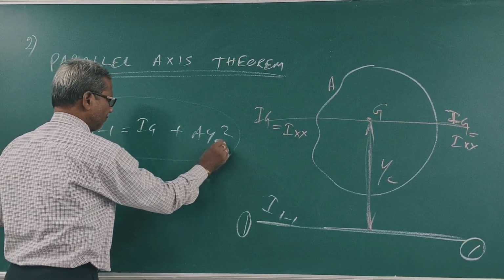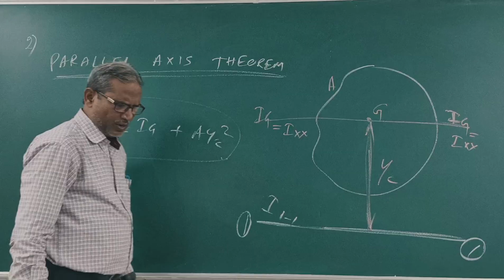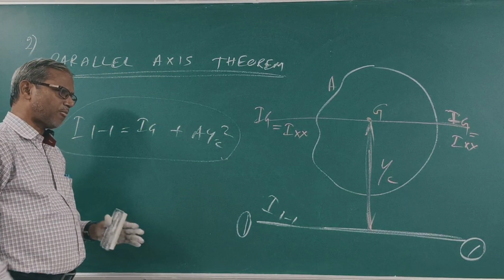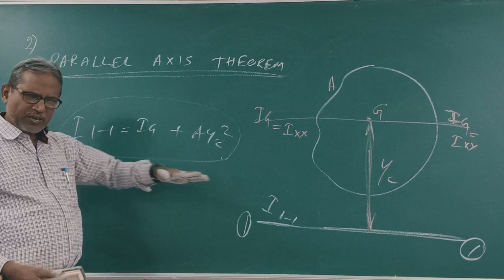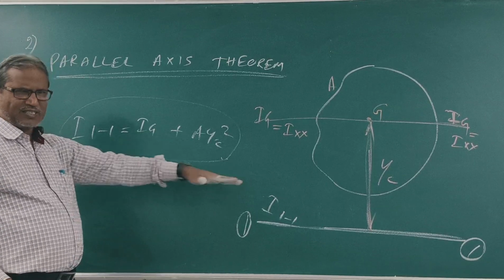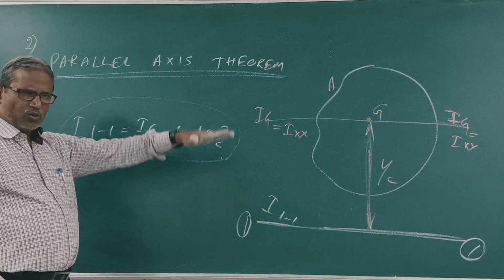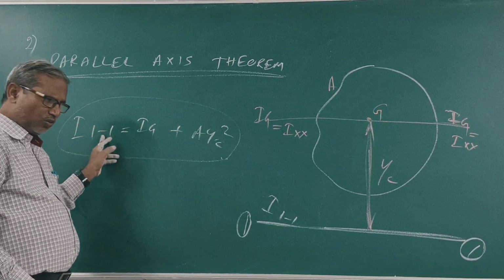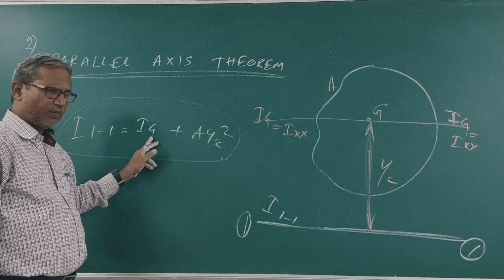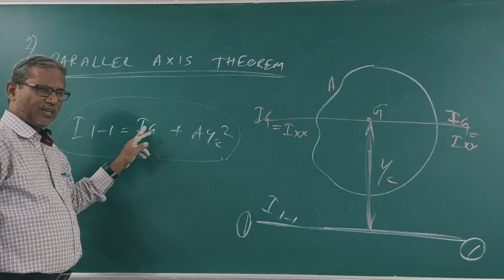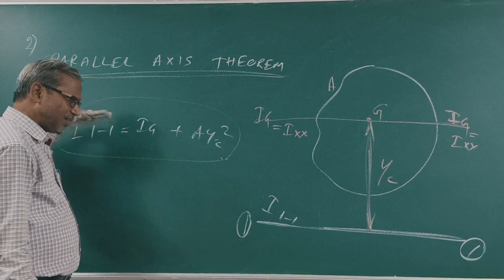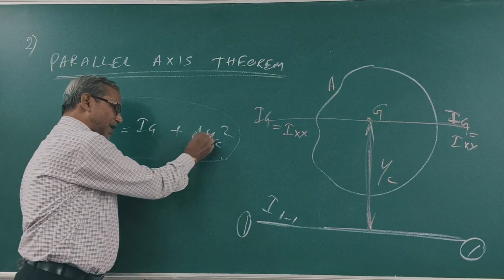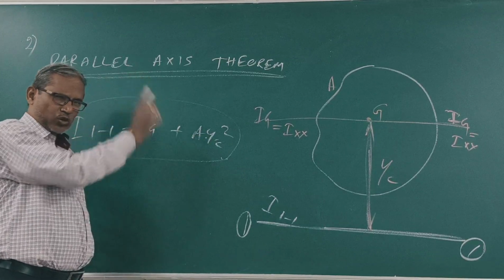I will explain this. How to explain this? The moment of inertia about any axis parallel to the central axis is equal to the sum of the moment of inertia about the parallel central axis and the product of the area of the figure and the square of the distance between the two axes.